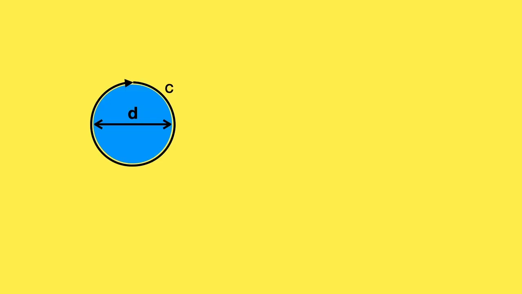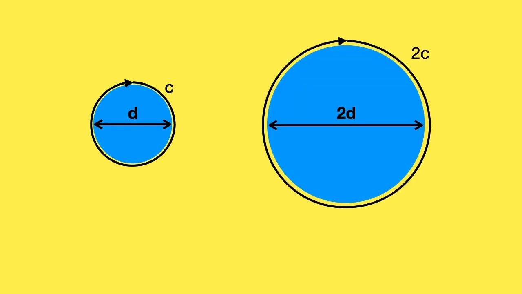So what that means in a practical sense is that if you times the diameter by any constant, the circumference will go up by the same amount. So here on the left we've got the diameter as D and the circumference as C. On the right you can see that when the diameter is doubled, the circumference would also be doubled.